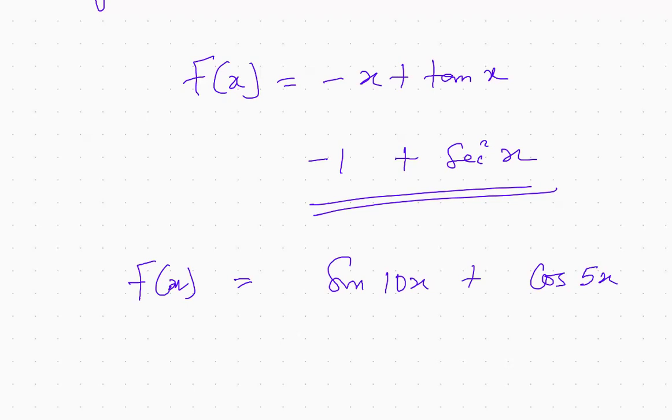So this is 10 cos 10x plus minus 5 sine 5x. So you have it that way. It's more straightforward when you approach it that way, and it won't be a problem for you.